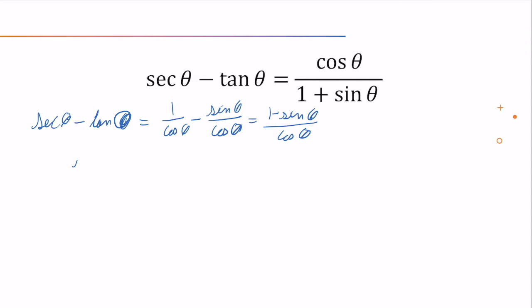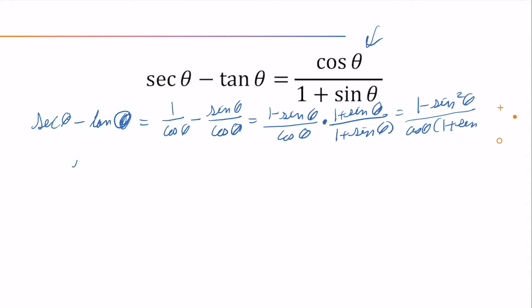Now, I'm trying to get it to look like this. So next step might be to multiply by a very strategic 1. I'm going to multiply by 1 plus sine theta over 1 plus sine theta. That gives me 1 minus sine squared theta in my numerator over cosine theta times 1 plus sine theta. Now, 1 minus sine squared theta, I can rewrite that as cosine squared theta, because we have this rule, right?